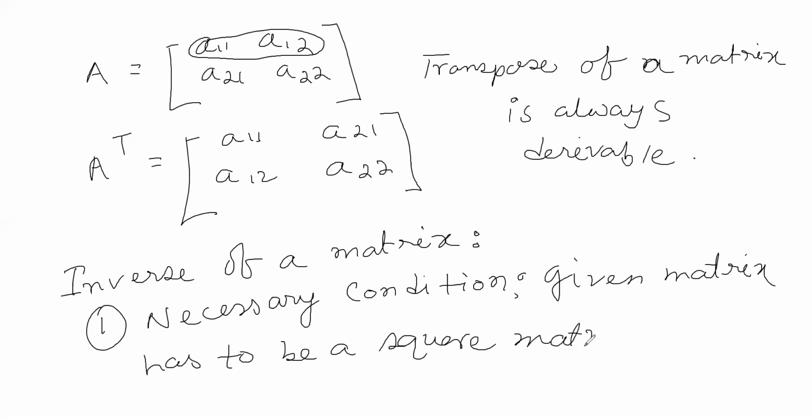And if we find that the given matrix is a square matrix, that is not enough to identify the inverse of a matrix, because the sufficient condition also needs to be fulfilled. The sufficient condition tells us that the determinant of the given matrix has to be non-zero or non-singular in nature.